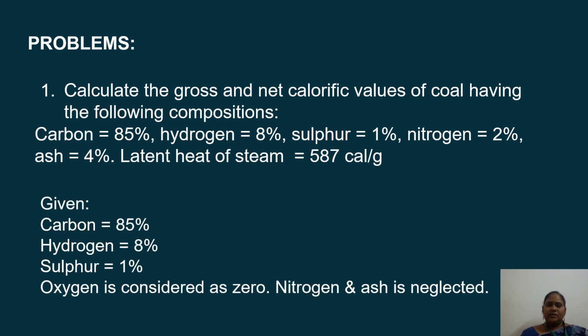Here in the given composition, we have to consider the percentage composition of carbon, hydrogen and sulfur, and since oxygen is not given, we'll consider it as 0, and nitrogen and ash are neglected.